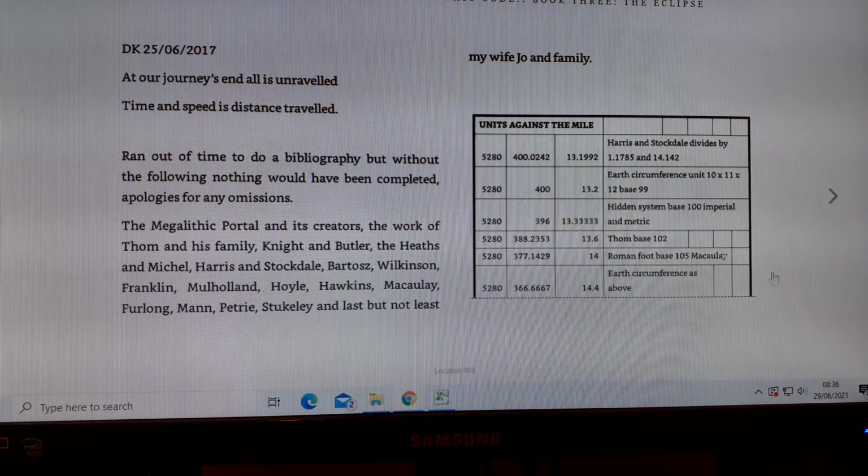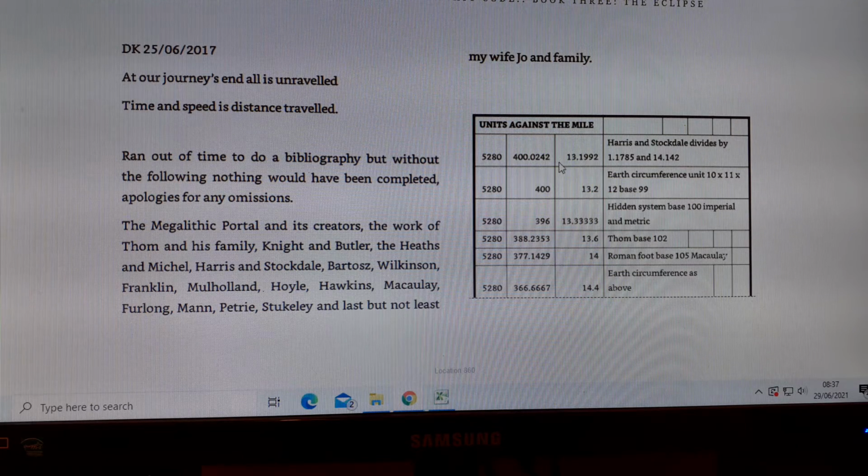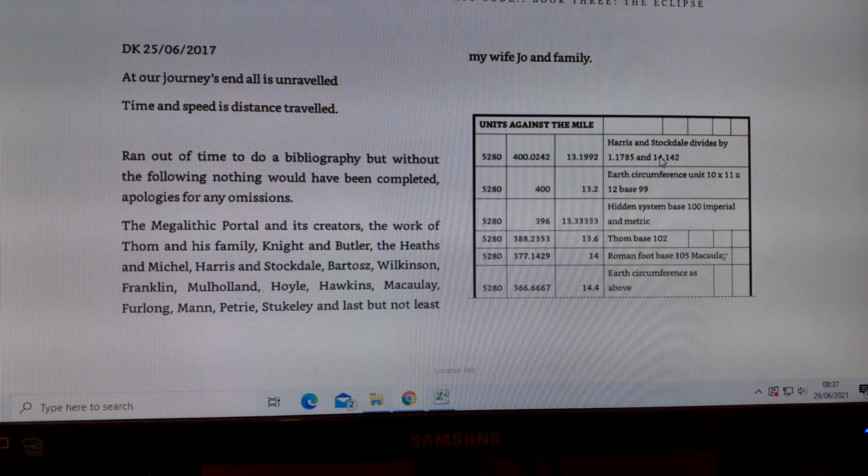And these are the units, and they're going sequentially, and I wanted to start at 400, but I realised when I wrote the book, Proving the Megalithic Foot, about Harrison Stockdale's megalithic foot, I had to put this top unit in and divide 5280 by 13.1992, and it's the Harrison Stockdale 10 root 2 unit of 14.142 inches that has created this unit.